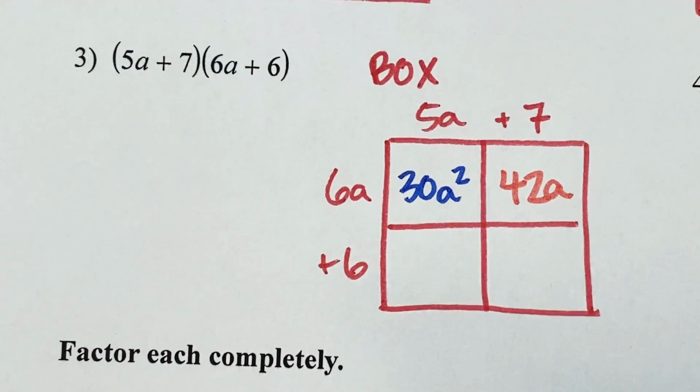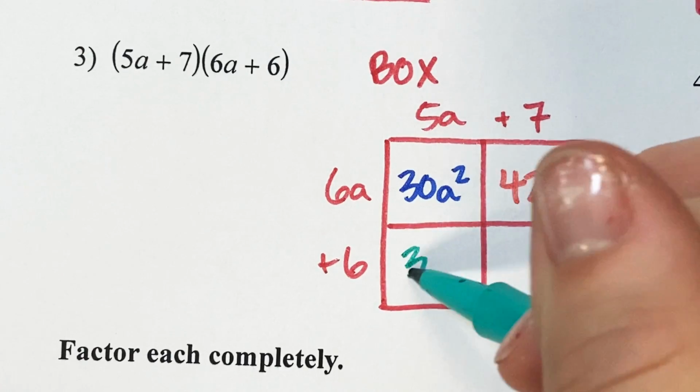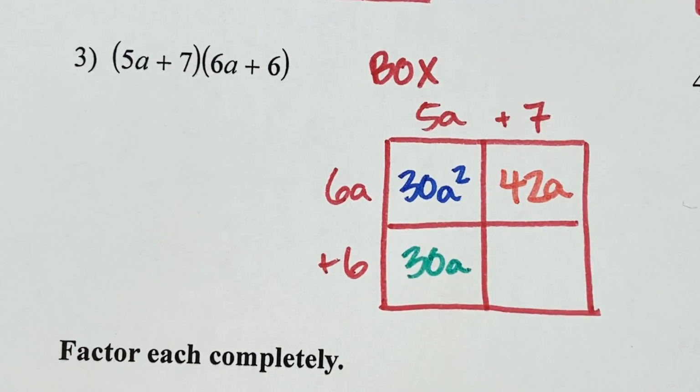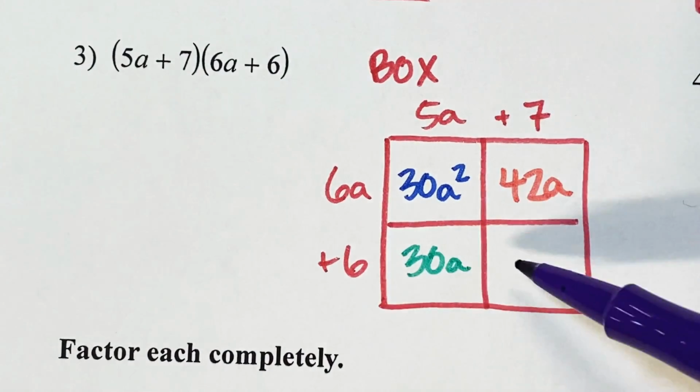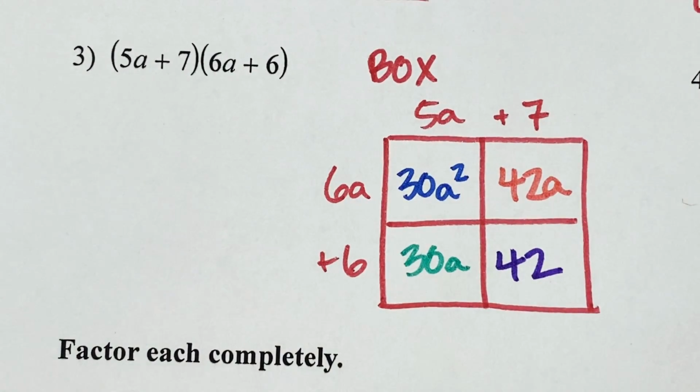Next one, 5a times 6. 5 times 6 again is 30, but this time there's only 1a, so 30a. And then our last one, 7 times 6 is 42.